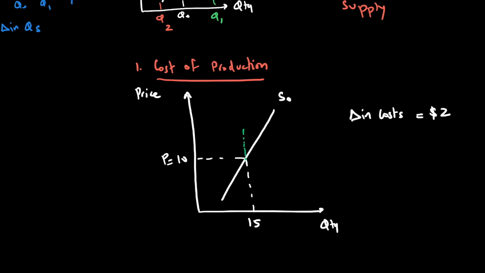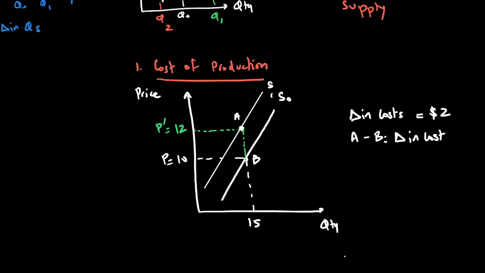So for 15 units the price should go from P to P dash, from $10 to $12. Which means that the supply curve will be shifting backward by $2. In other words, the vertical distance AB between the two supply curves is what we call the change in cost of $2. And the supply curve is shifting backward by $2 due to a change in cost.